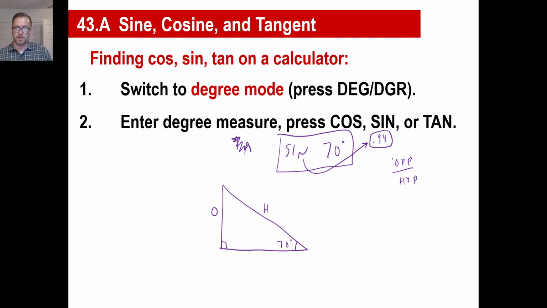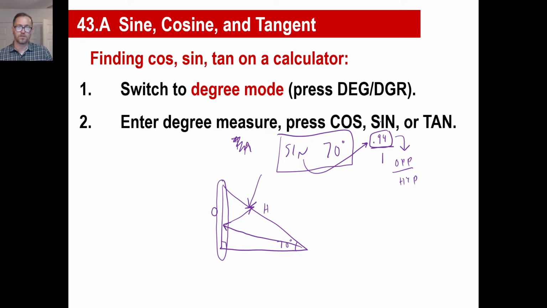It means that, and you can look at this as 0.94 over 1 if you want to. That matches this. In other words, if you have a 70-degree angle right here on a triangle, then the ratio of the opposite side to the hypotenuse is 0.94. In other words, the length of this side here is going to be 94% of the length of the hypotenuse side.